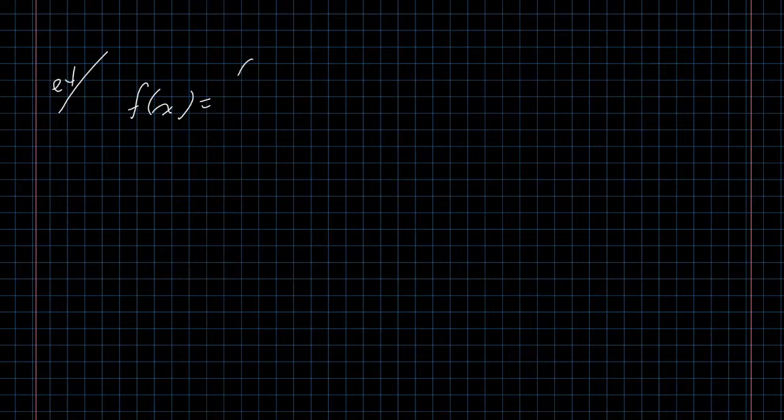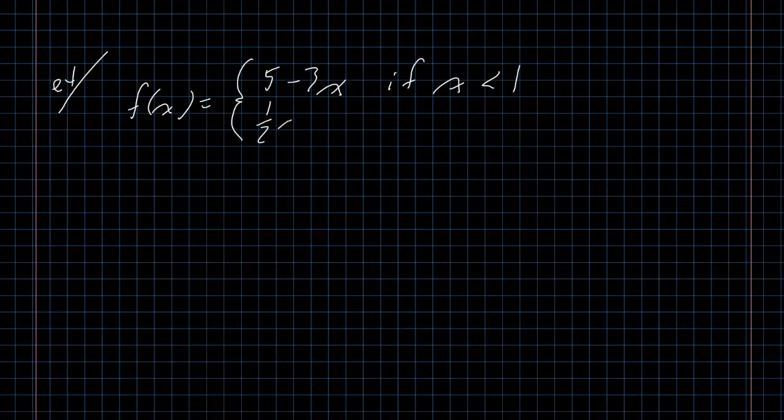Let's take a look at the piecewise defined function defined so that f of x is equal to 5 minus 3x if x is less than 1, and 1/2 of x squared plus 3 if x is greater than or equal to 1.